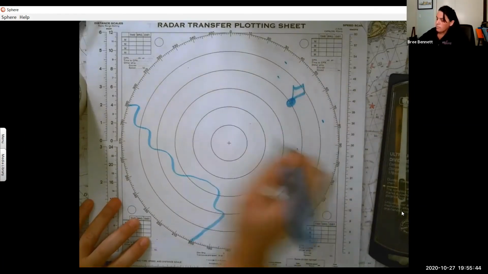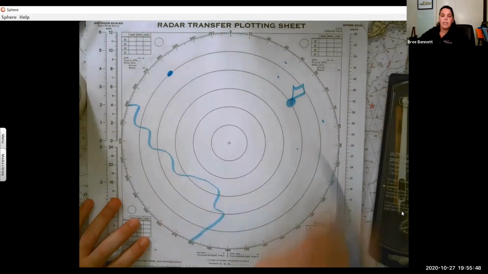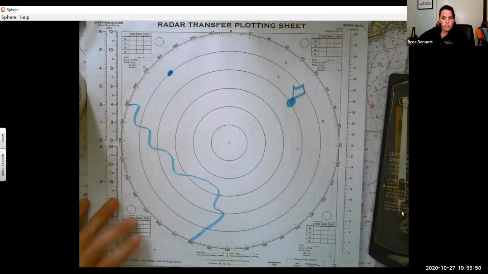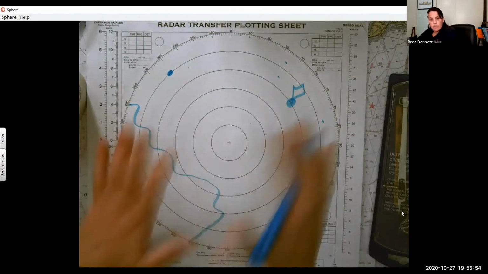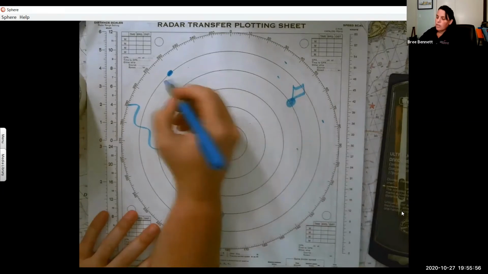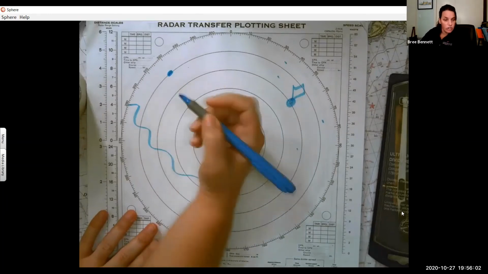We got some blobs. Let's talk about this blob right here. This is what it looks like on the radar. And when we transfer it, I want to know if this target up here is going to be of concern.